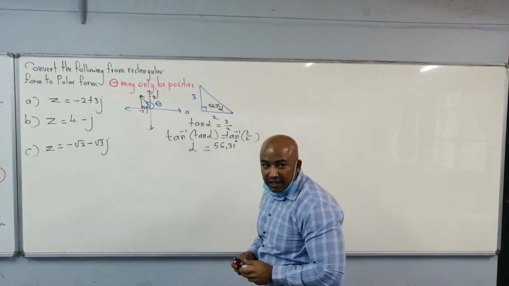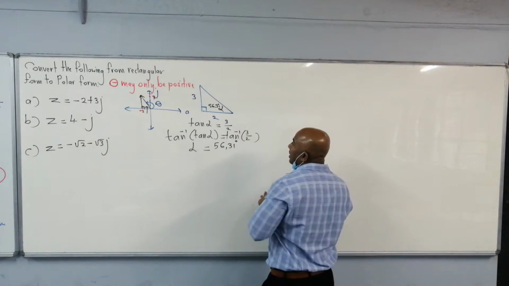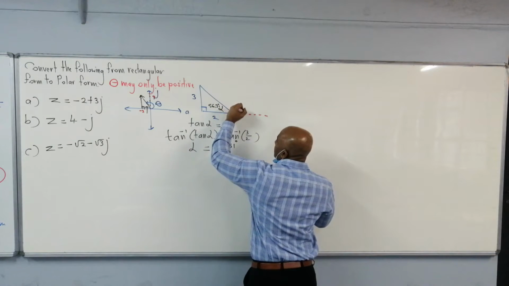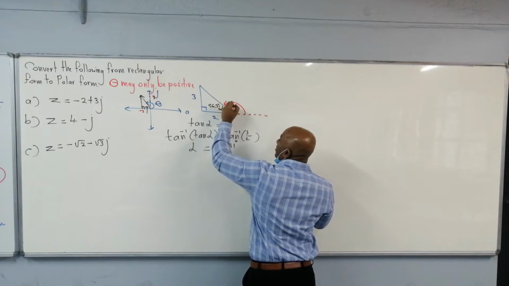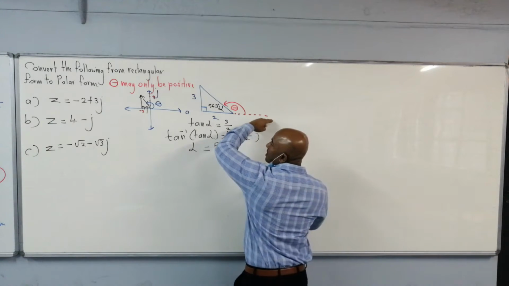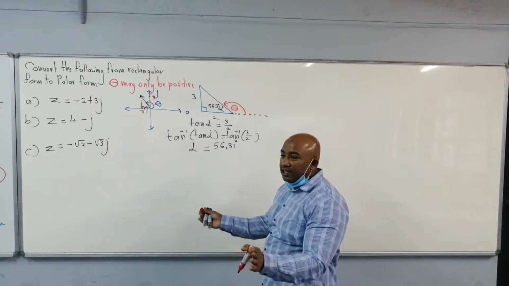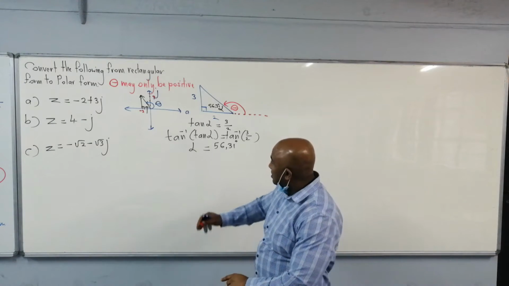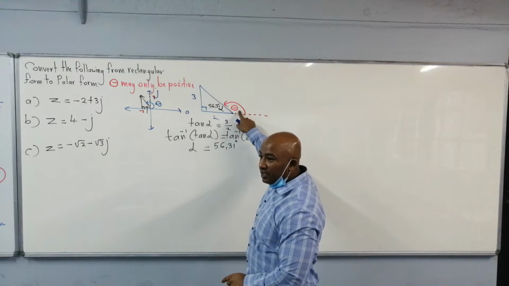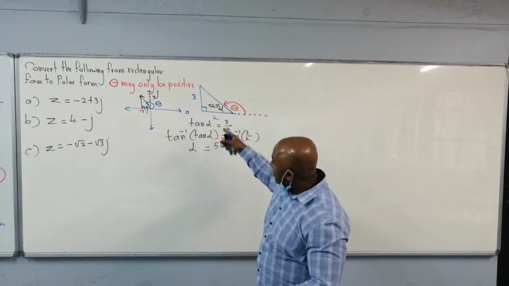But this is not the angle that's required. The angle that we want is this angle here, the angle measured from the positive x-axis. You know that this is a straight line, and in a straight line the angles add up to 180 degrees. So if I know that this is 56,31, then I can work theta out by 180 minus that.